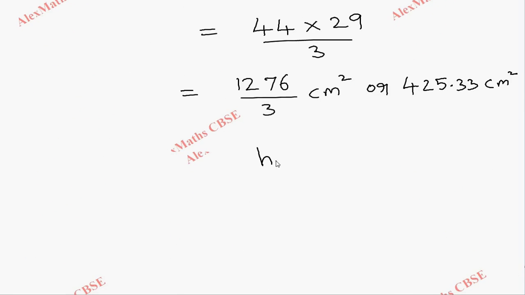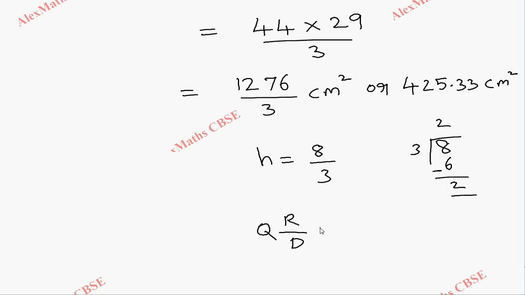We can take h is equal to 8 by 3, but it is an improper fraction. So 8 when divided by 3, 2 times it is 6. After subtraction, remainder is 2. So we write it in quotient remainder by divisor form. So now the quotient is 2. This is quotient, this is remainder, this is divisor.